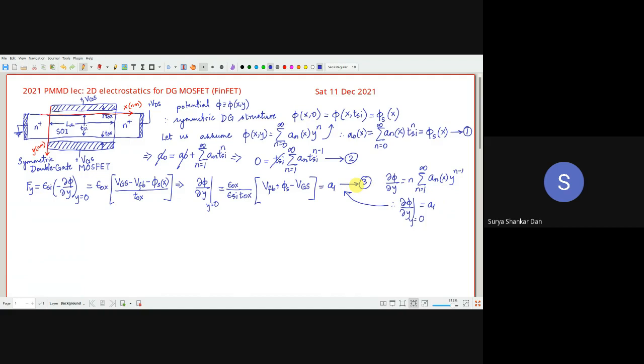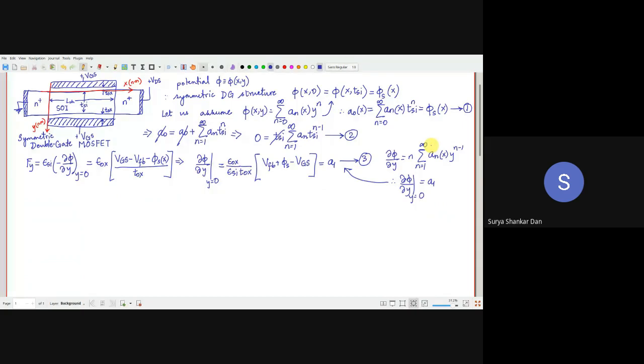Okay, so this is equal to a0. So let me just put circles here. Okay, not necessary because we will require this later anyway. So this is A1.